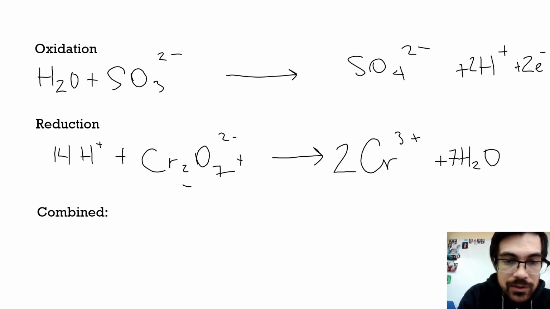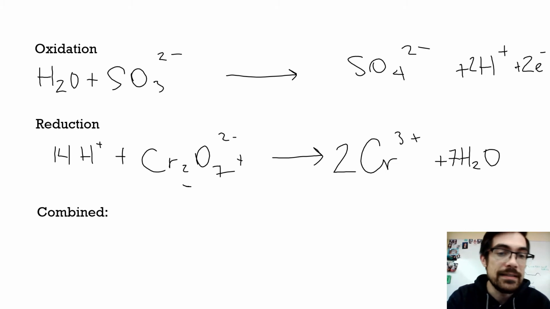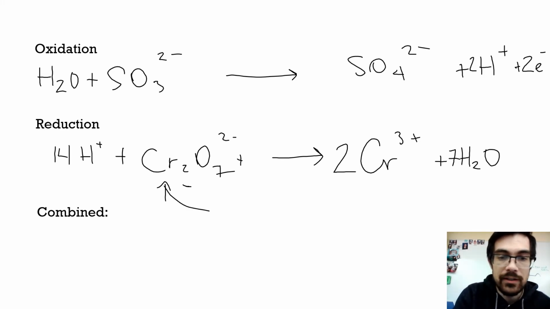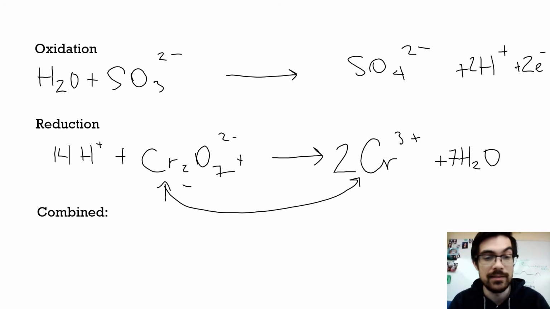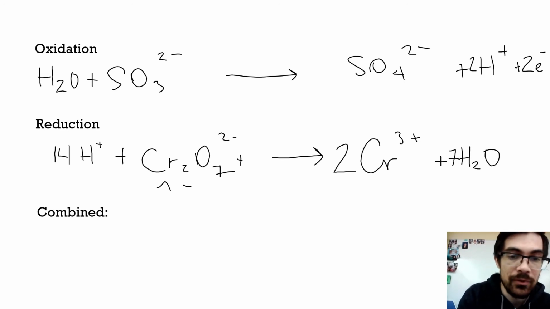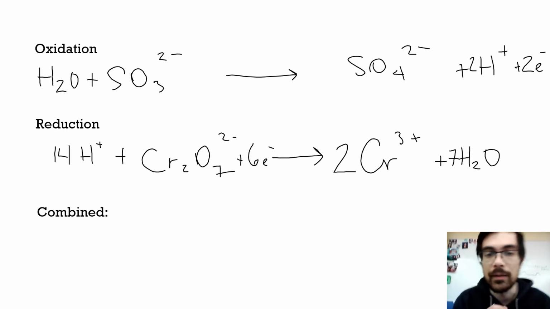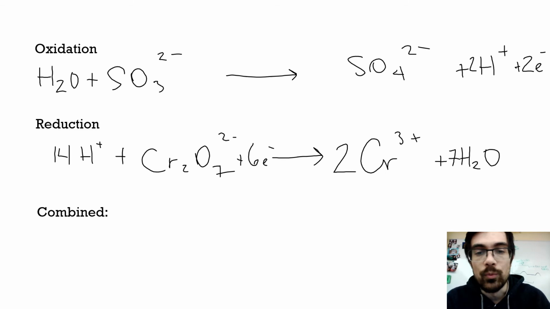Okay, so technically each of these is going to be gaining 3 electrons. So this part here is happening twice, so we do actually have to double the number of electrons. So it's actually 6 to make this happen. Sorry about that.